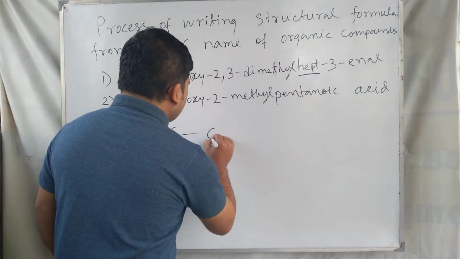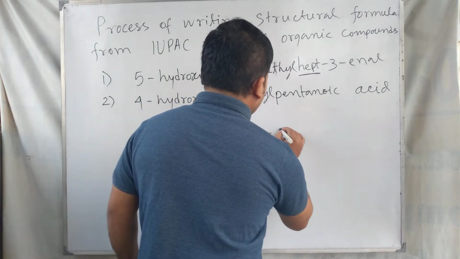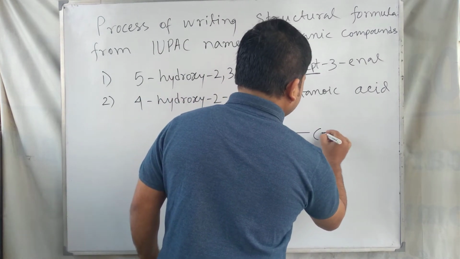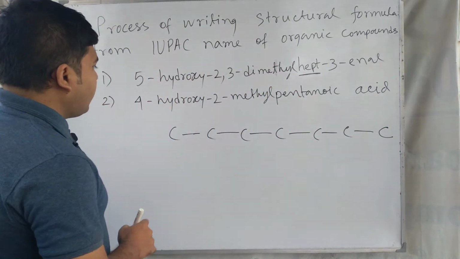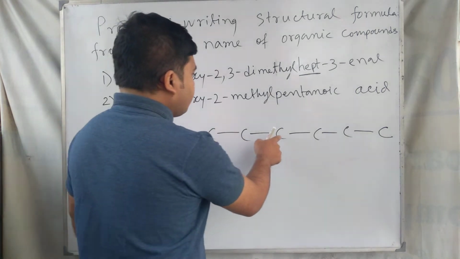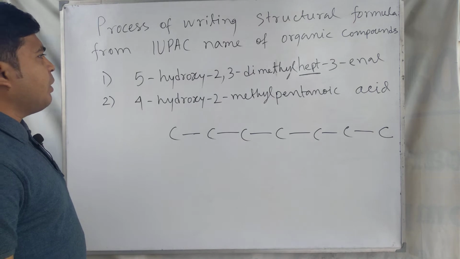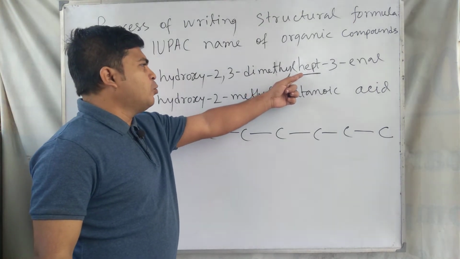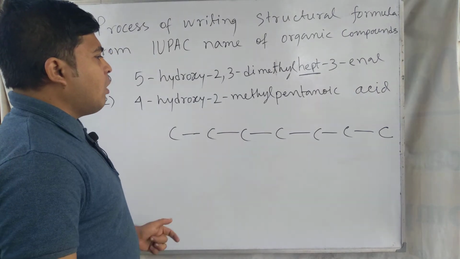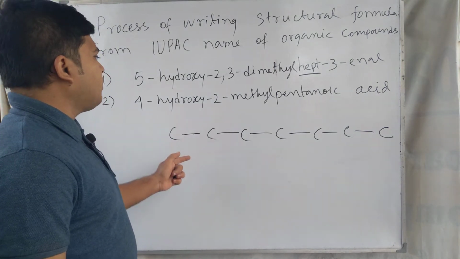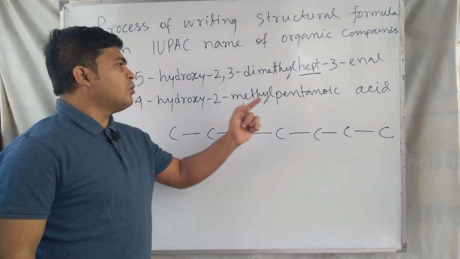So we have to write a chain of 7 carbon atoms: 1, 2, 3, 4, 5, 6, 7. So we are writing the 7 carbon chain.